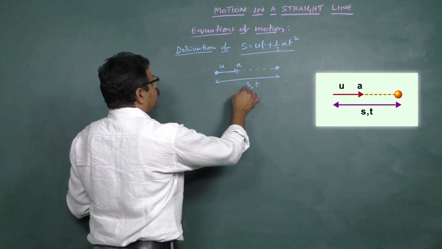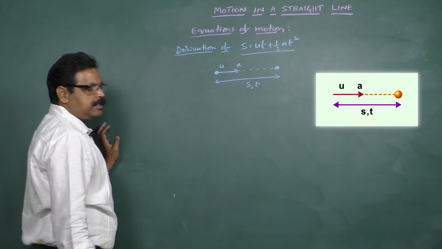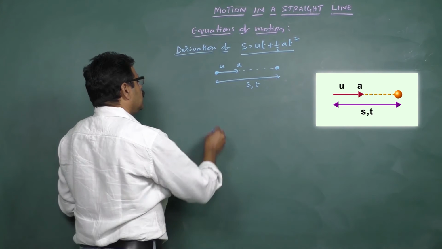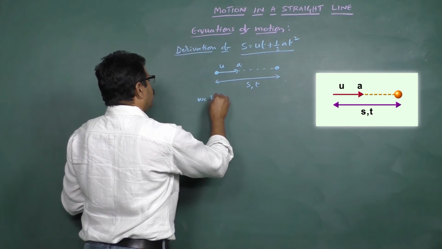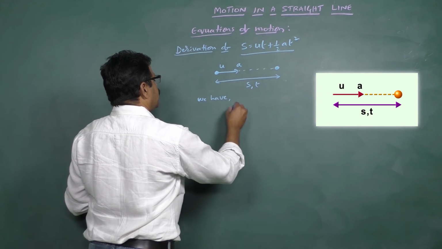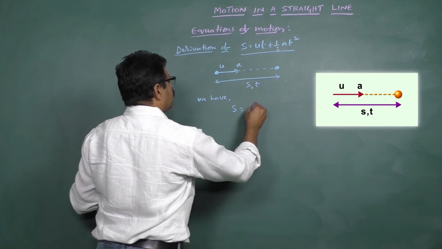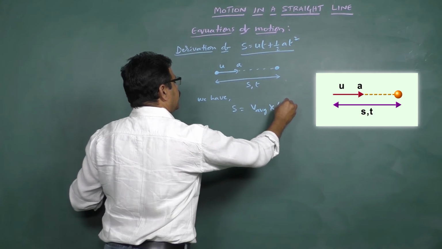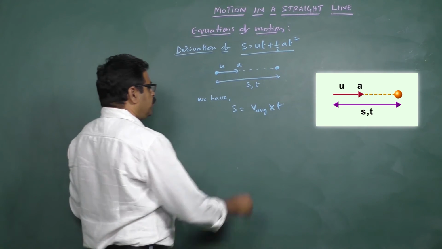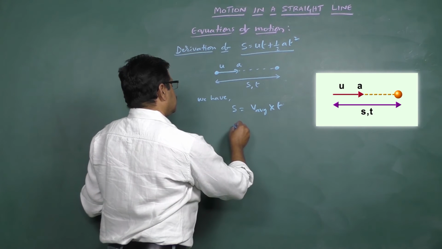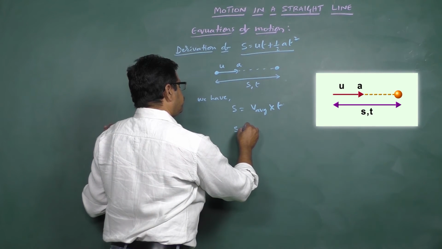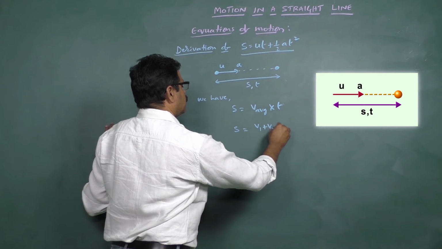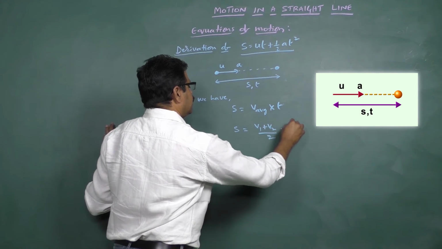Then we need to get the relation between distance traveled, initial velocity, acceleration and time. For that, we have the distance traveled as s is equal to v average multiplied by the total time taken. Here v average is v1 plus v2 by 2, into t.